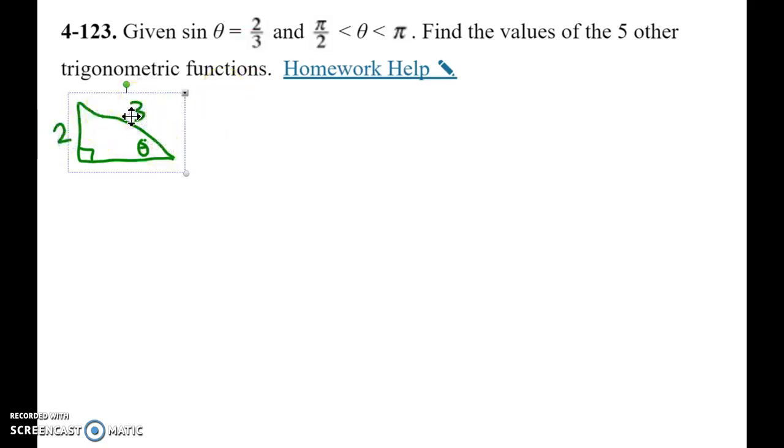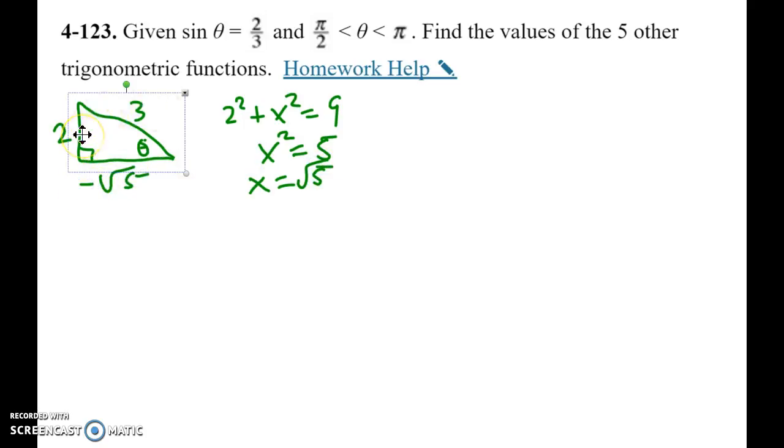Using Pythagorean theorem, I'm going to find the missing side. So let's see, 2 squared plus x squared. So square root of 5, and it's negative in that quadrant.